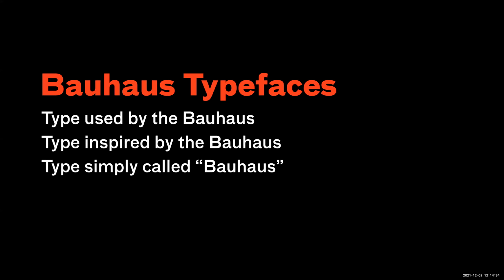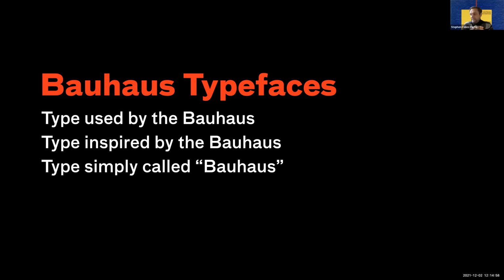Looks great. Cool. So we're going to have three main categories here. We're going to talk about type used by the Bauhaus, that is, things that were published by the Bauhaus and students and masters of the school, and the actual typefaces they used.